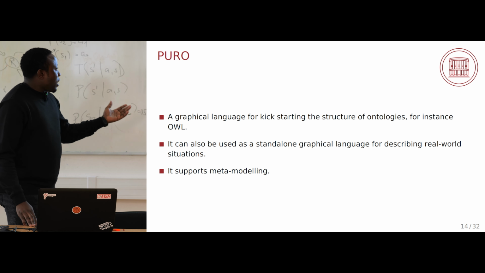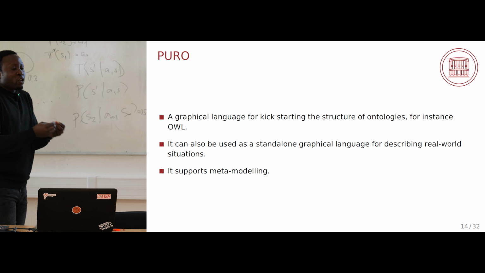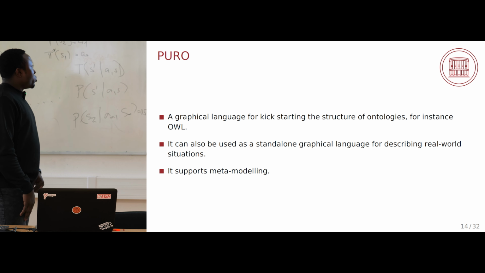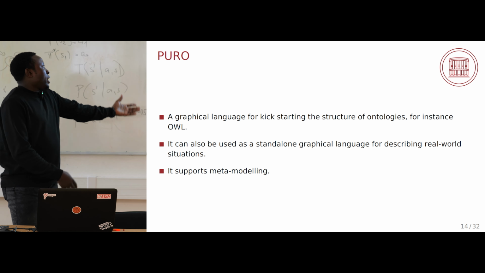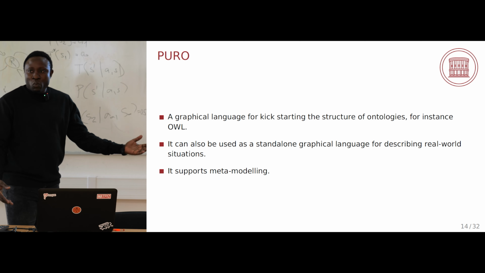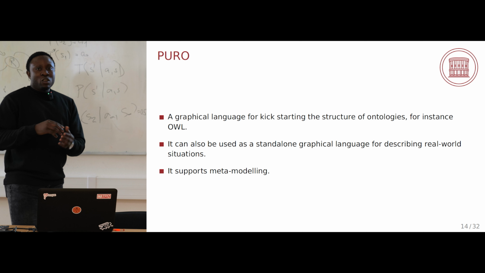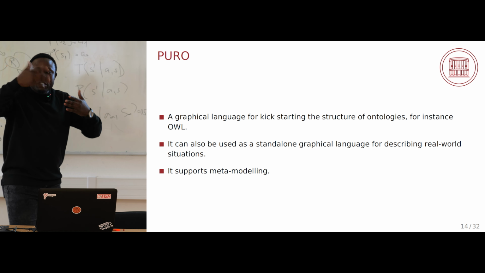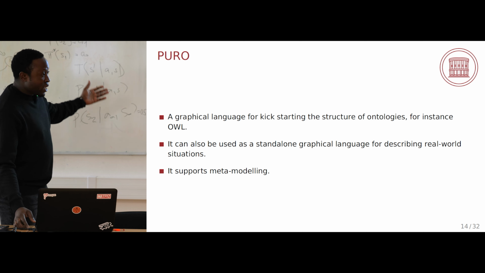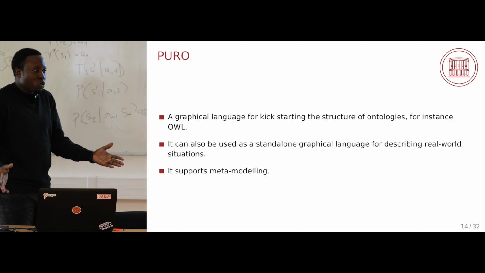It's a graphical language, and you can use it to build a model that can stand on its own, and it can also be used for structuring ontologies, which you can do with the Web Ontology Language also. It supports metamodeling, just like I said, where you have this multi-level classification in metamodeling ontologies. So the Puro language also gives us a good framework for doing that.